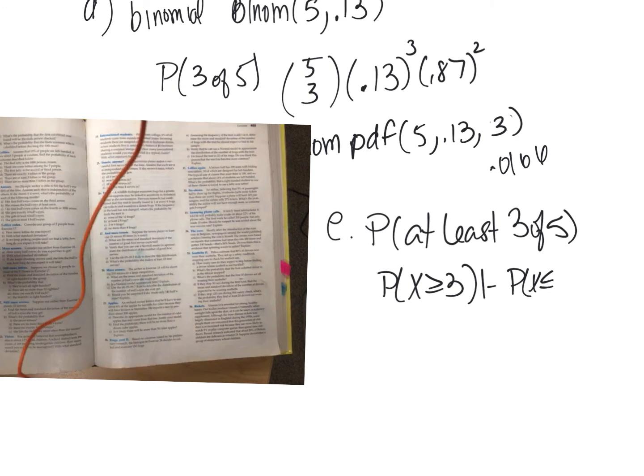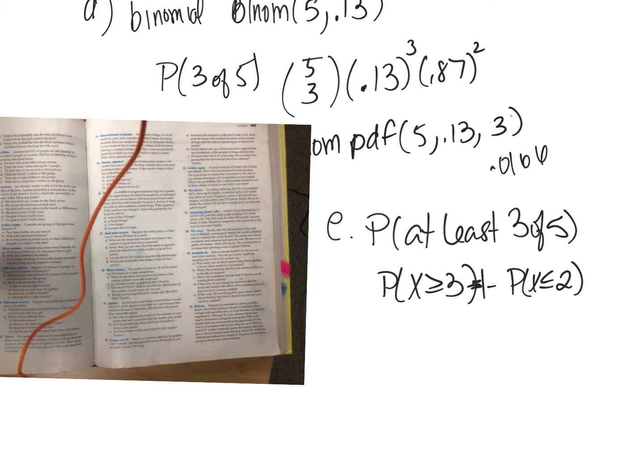If there's 5, the exponents have to add to 5. Okay? And the probability of success to the number of successes. So the probability that x is greater than or equal to 3 is 1 minus the probability of what? Less than or equal to what? Is it 3? It's 2.